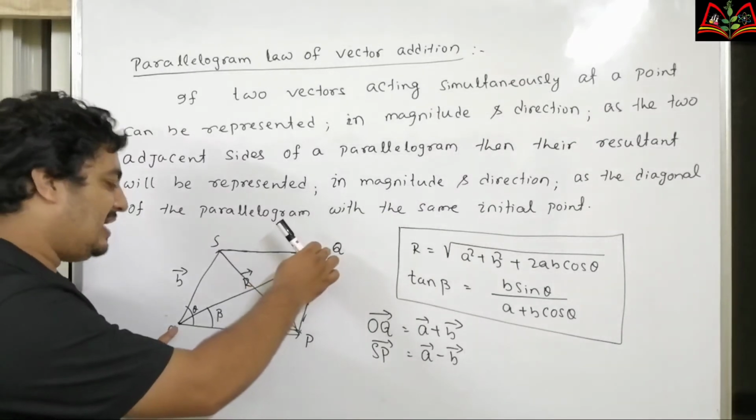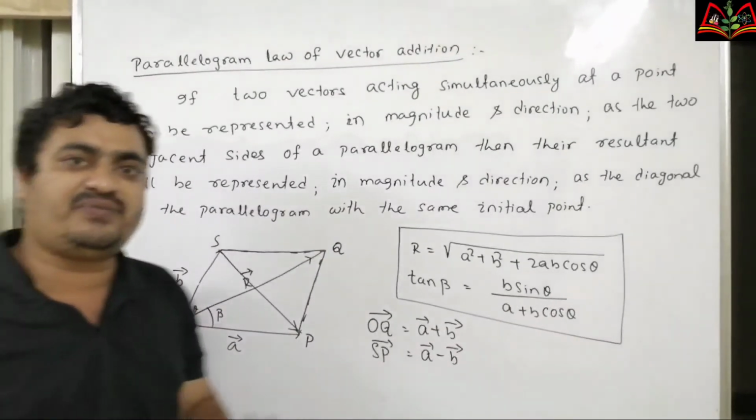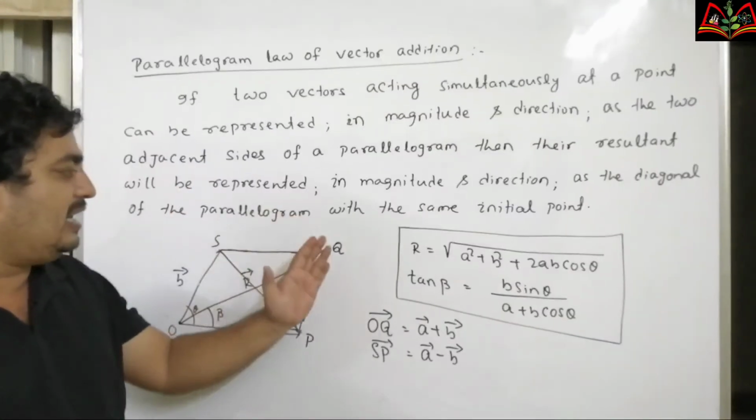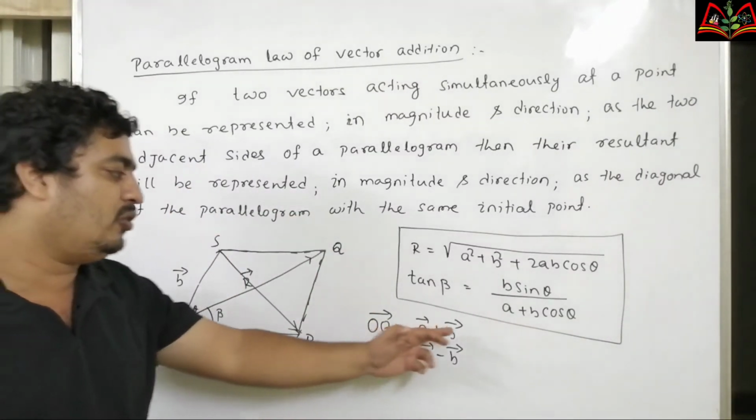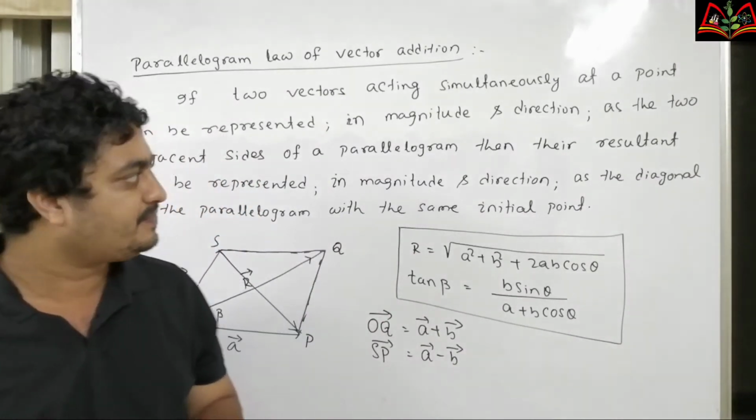This diagonal is the resultant of A and B, and this diagonal is the difference of A and B. So from parallelogram law, we can find both the resultant and difference of two vectors.